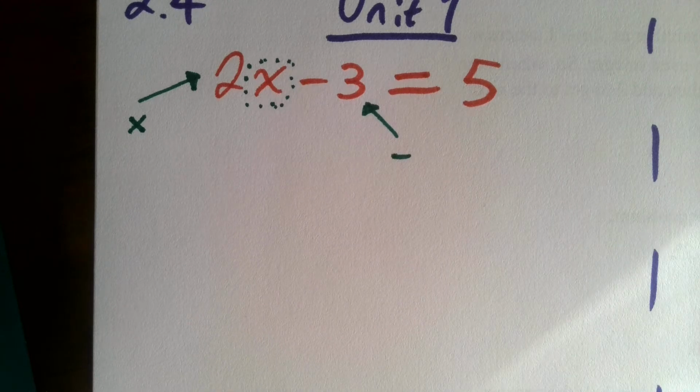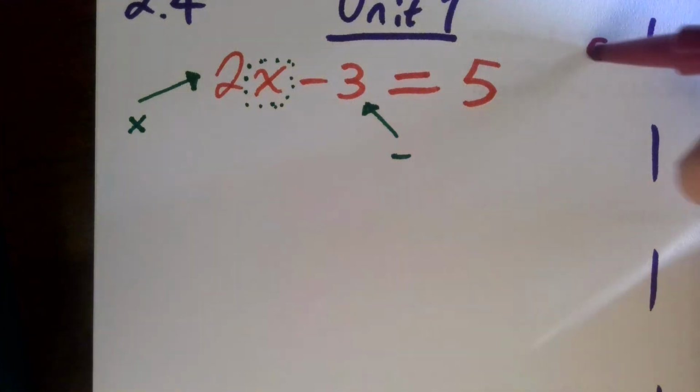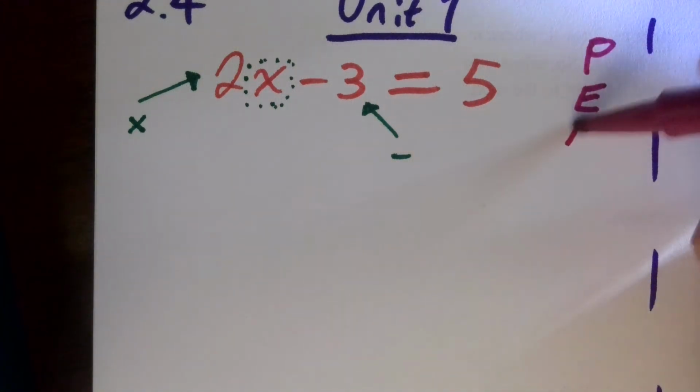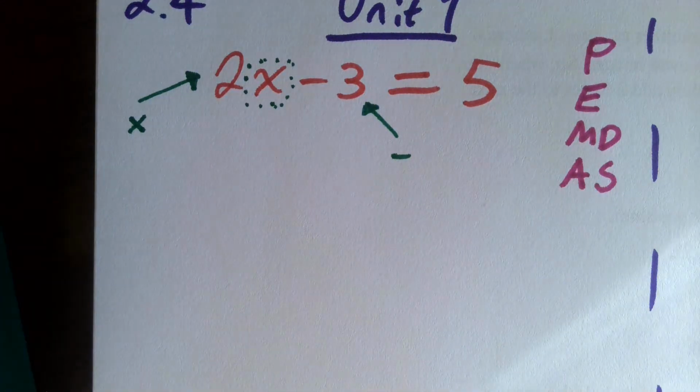Here's the thing. Whenever we have multiple things to get rid of in a problem, it's super important that we pay attention to the steps we need to do. It's super important that we know what order to get rid of things in. That order is given to us by reverse PEMDAS.